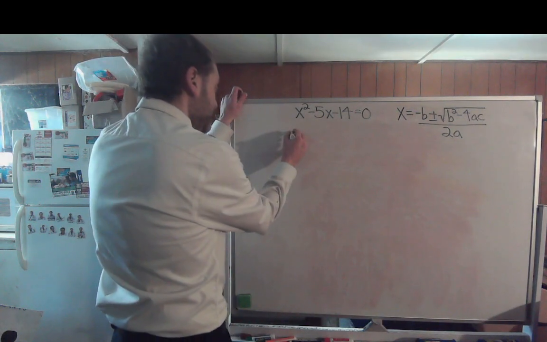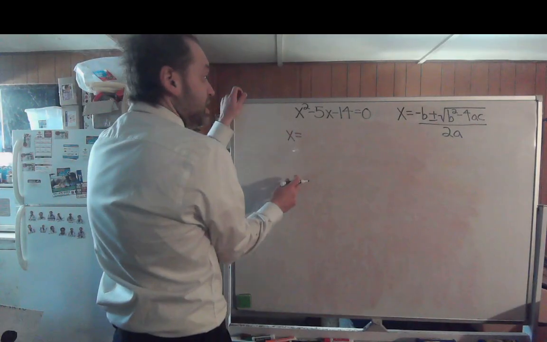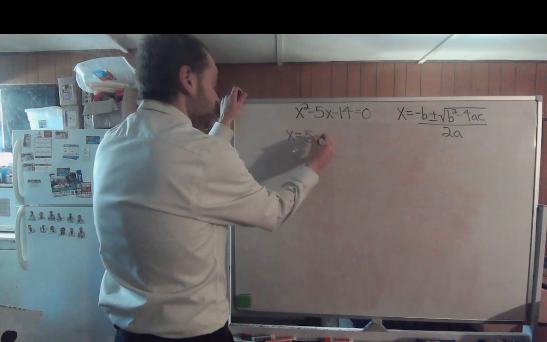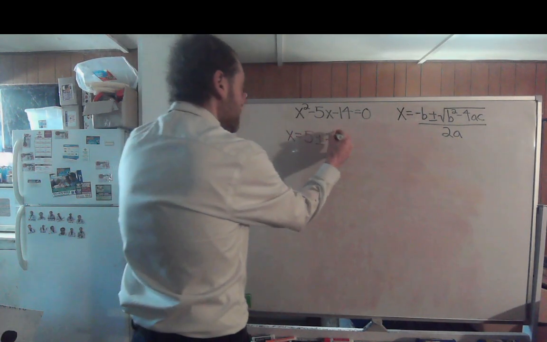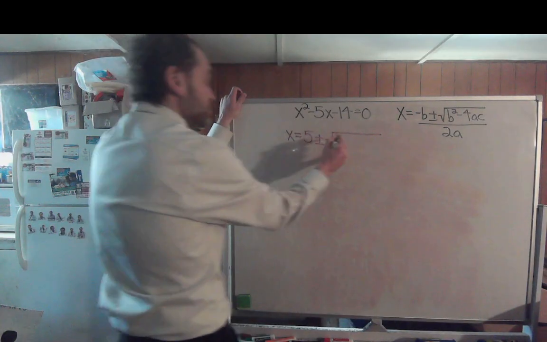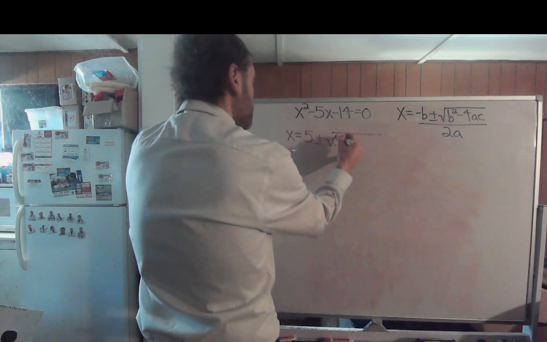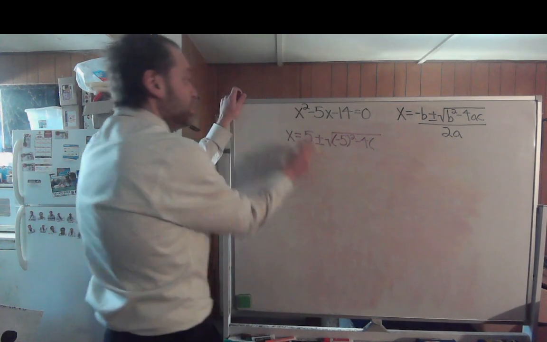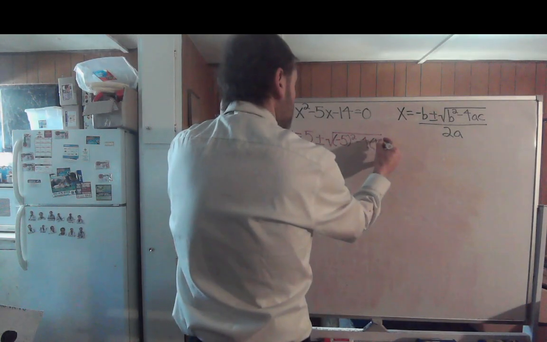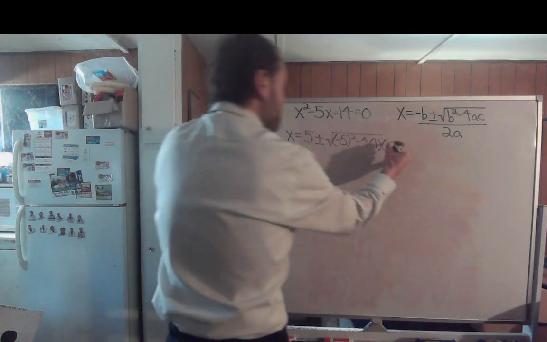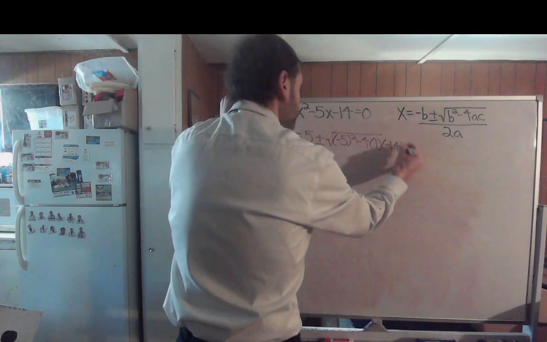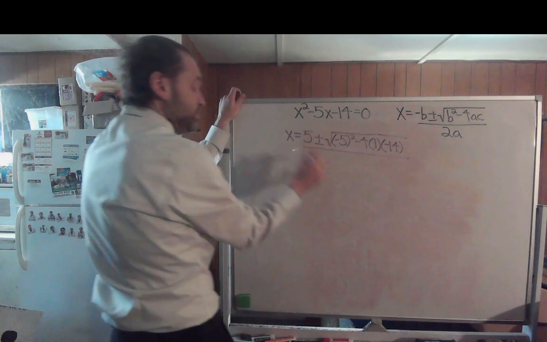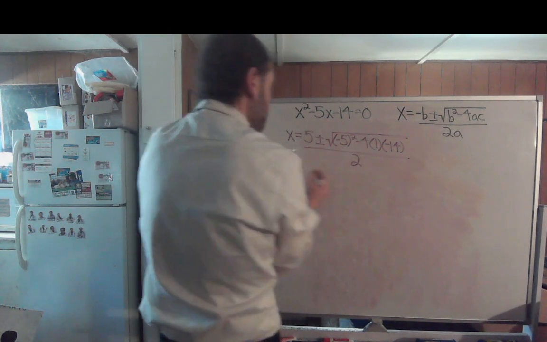So we'll take x, set that equal to the negative of b, which would be negative 5, so that'd be positive 5, plus and minus the square root of your b squared, so that's negative 5 squared, minus 4 times your a, which is 1, times your c, which is negative 14, all over 2 times your a. 2 times 1 is just 2.